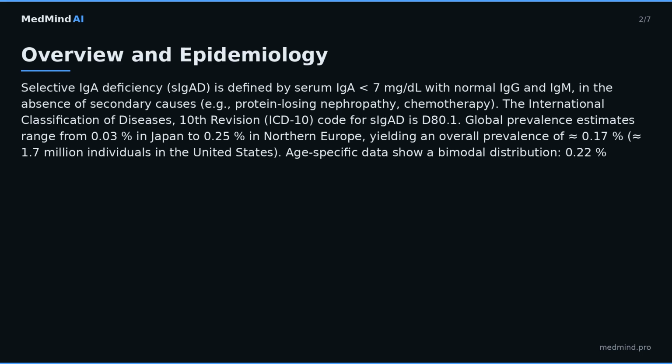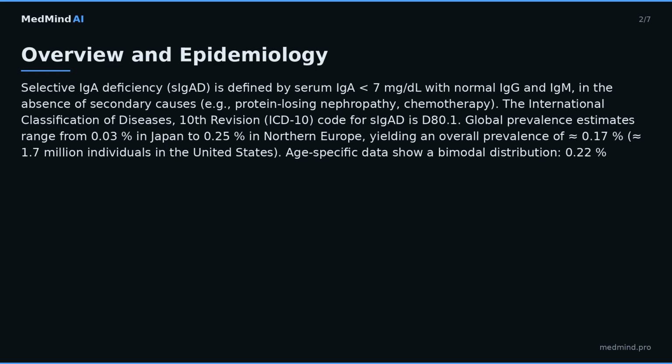Overview and epidemiology. Selective IgA deficiency, sIgAD, is defined by serum IgA less than 7 mg per deciliter with normal IgG and IgM, in the absence of secondary causes, e.g., protein-losing nephropathy, chemotherapy.